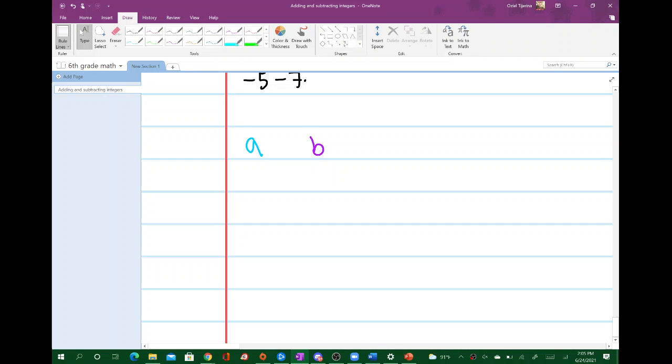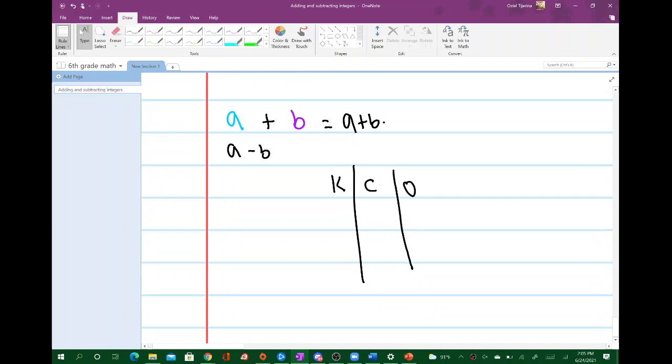Now, there's a rule where, for example, A plus B, we all know that that's just A plus B, okay? Now, if let's say we do A minus B, there's a rule that's called, and maybe this is something that you are familiar with.